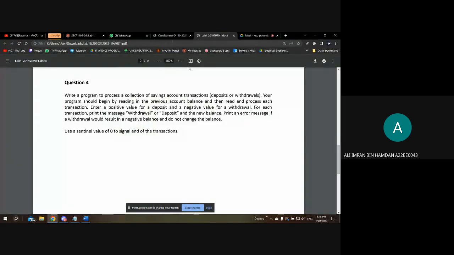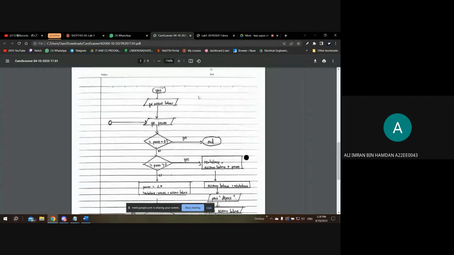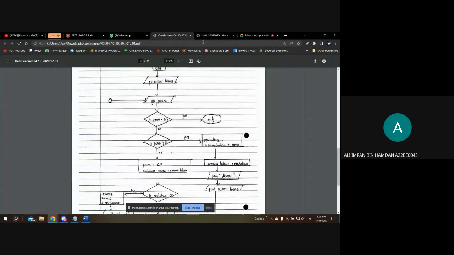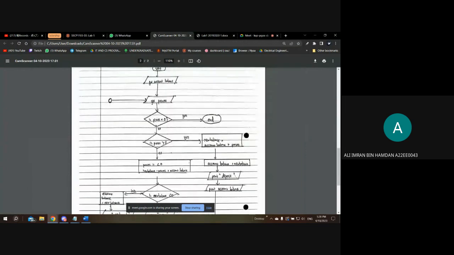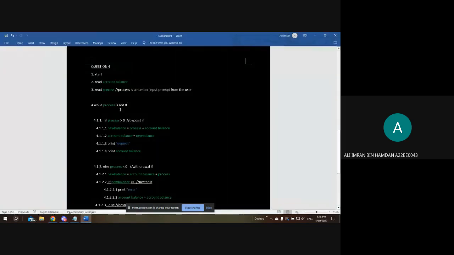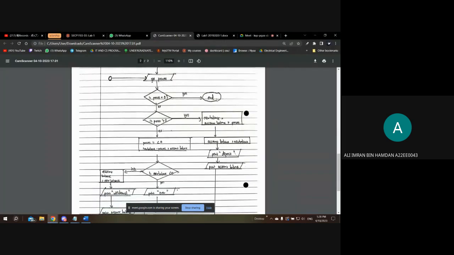So let's look at the flowchart. This is just a translation of the pseudocode. Get the account balance. Get the process. Again, it's a variable. Probably should have written that one down over here, but let's ignore that. Again, it checks for the condition. Is process 0? If yes, then end immediately.